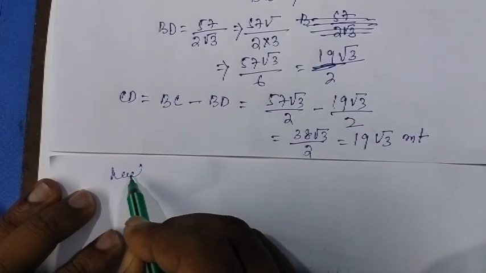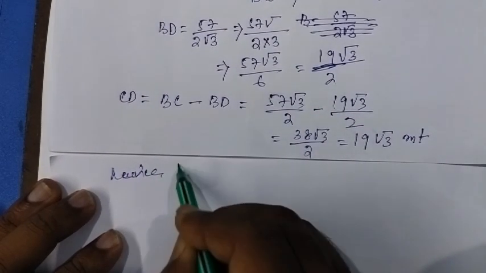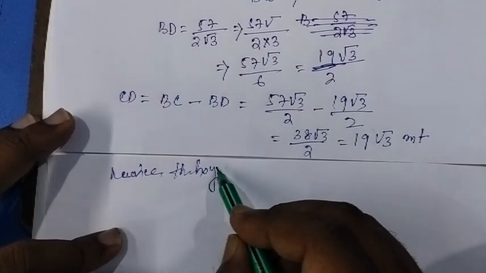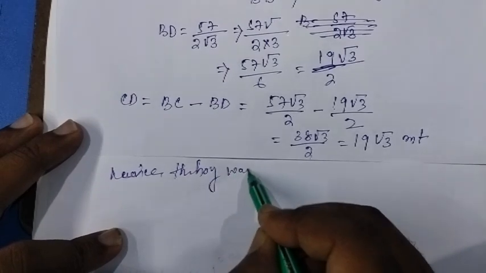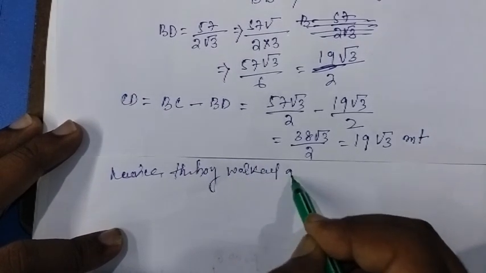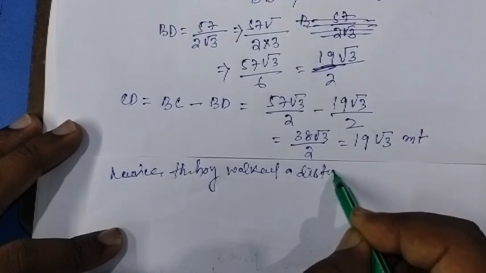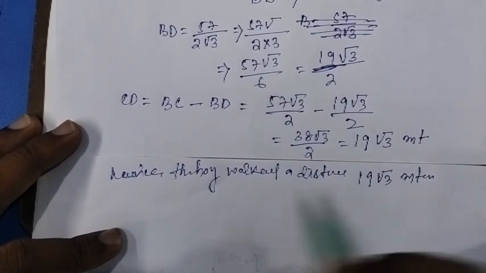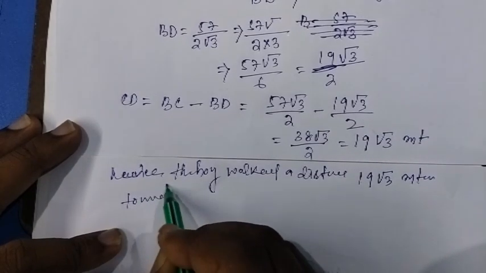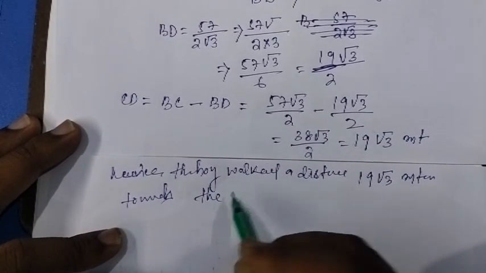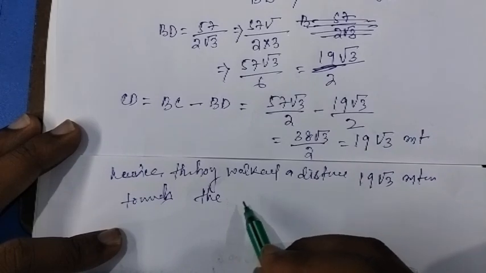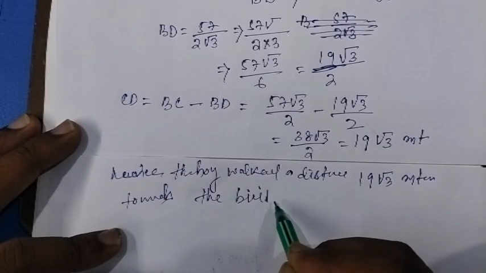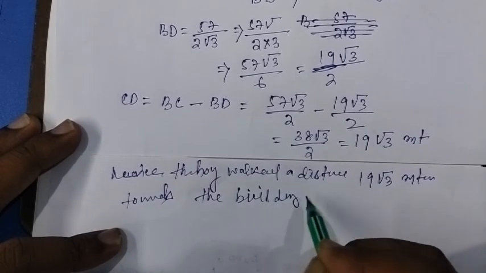Hence, the boy walked a distance 19 root 3 meter towards the building.